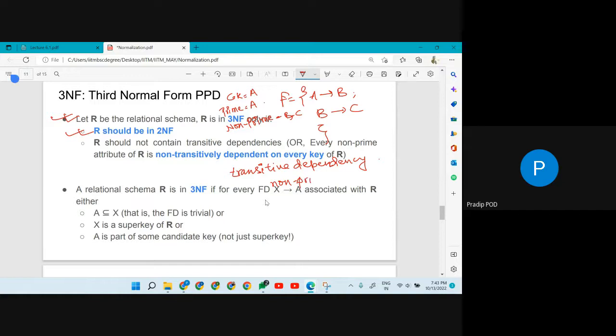Transitive dependency means if a non-prime attribute derives a non-prime attribute, that is called a transitive dependency, and this is not allowed in third normal form, right?